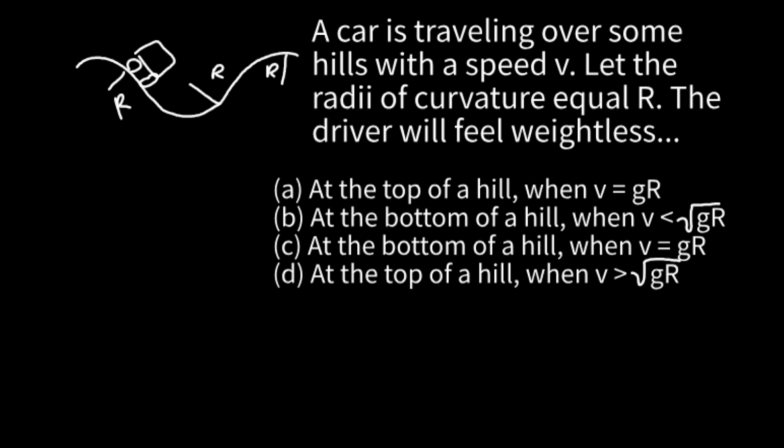So let's just draw this to be the top of a hill and this to be the bottom of a hill. So at the top of a hill, we can have a sum of our centripetal forces equal to, let's call inward positive. So inward to the circle we will have gravity, and outward we have the normal force.